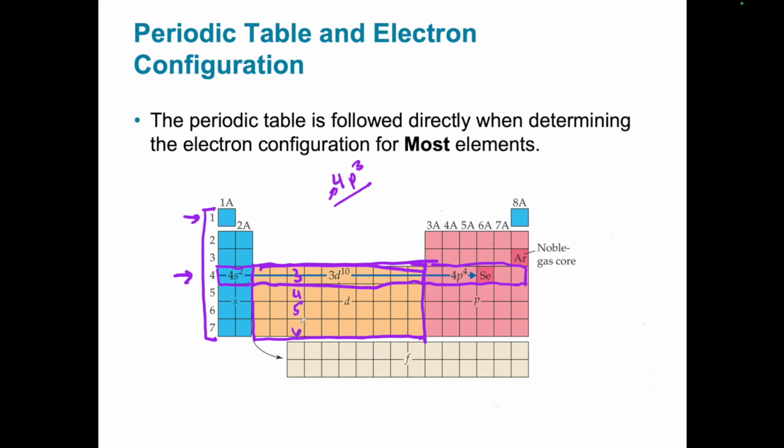And that's just for the d block only, and that's the only one you need to worry about. For the d block, the n number is actually n minus 1. So if you're looking for the n number for the fourth row for the d block, it's actually n minus 1, which is 3. So just keep that in mind when you're writing your electron configurations.